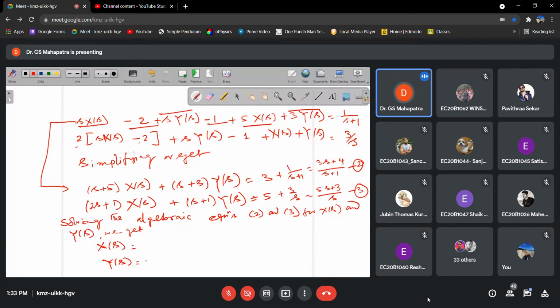So this is now your task, to solve for x of s and y of s. I know you need some time, but this is a very simple one.